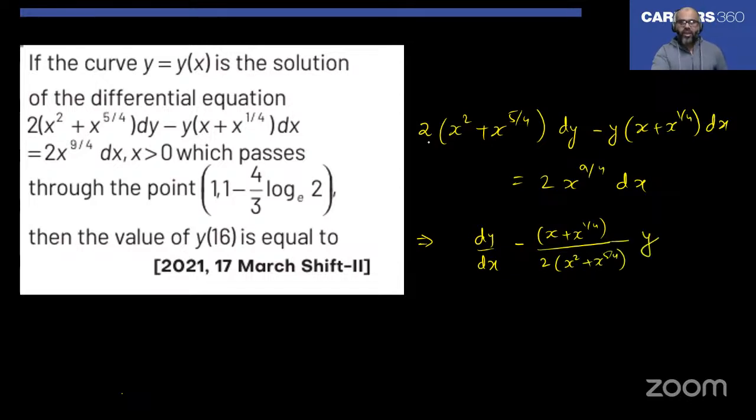Okay, this 2 into x square plus x to the power 5 by 4 is the coefficient of dy. We are dividing the whole term on the LHS and also the RHS.